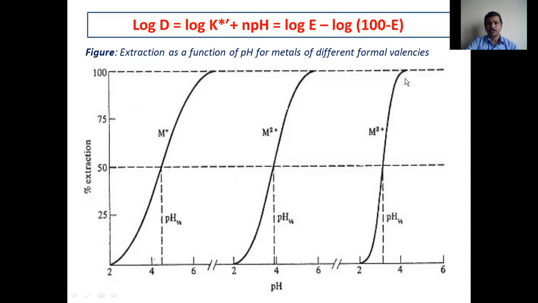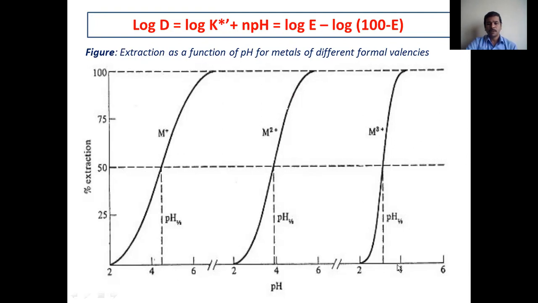The range of pH to be regulated in order to achieve 100% efficiency will be very small. So the pH range is very high for monovalent ions compared to divalent ions, and trivalent ions have a very small pH range.